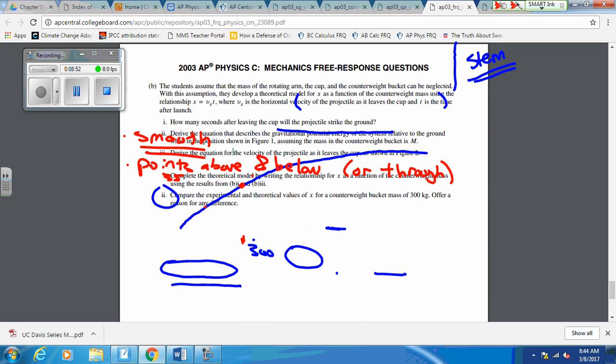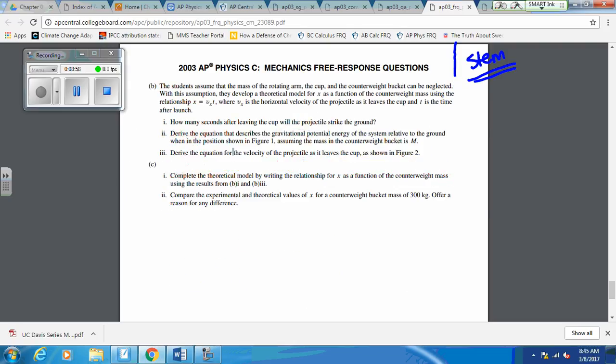Everything's a-okay. The students assume that the mass of the rotating arm, the cup, and the counterweight bucket can be neglected. With this assumption, they developed a theoretical model for x as a function of the counterweight mass using the relationship x equals v_x t, where v_x is the horizontal velocity of the projectile as it leaves the cup, and t is the time after launch.